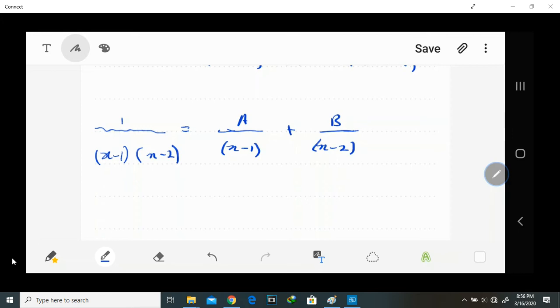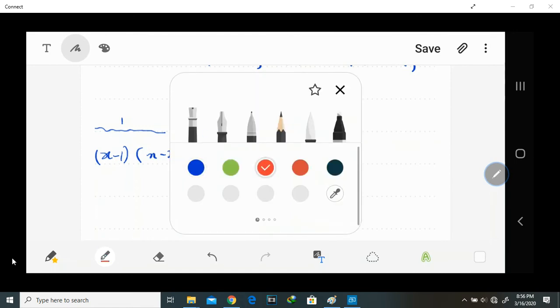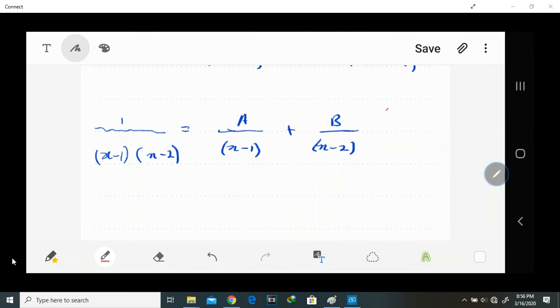And you guys might wonder why A and B. That is because we always have to be mindful that since the power of x in the denominator is 1, we always have to put something which has a power less than that.